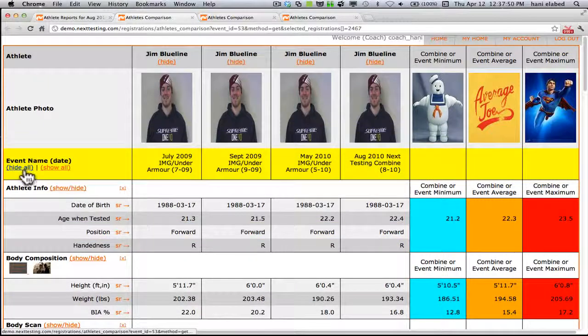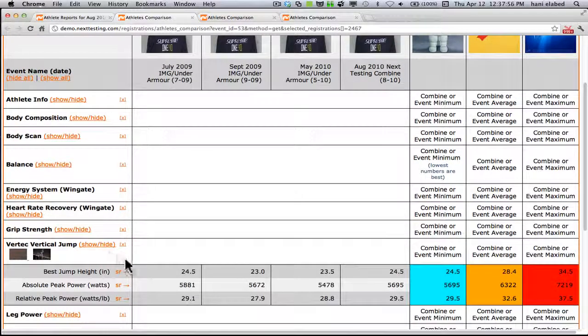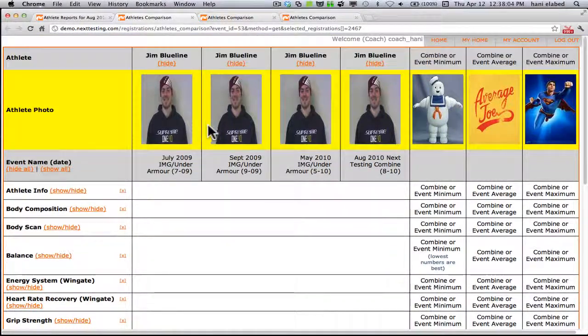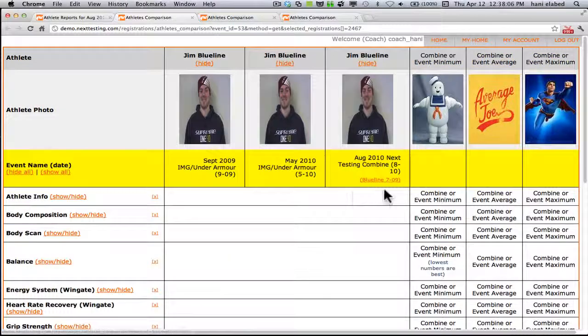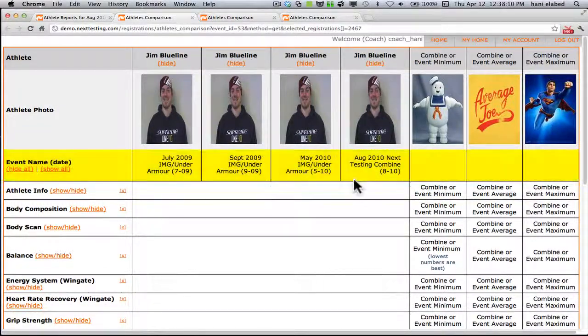So if I hide all and then just show the vertical jump, you can see that when you expand these values by clicking on these links here, it always places them chronologically.